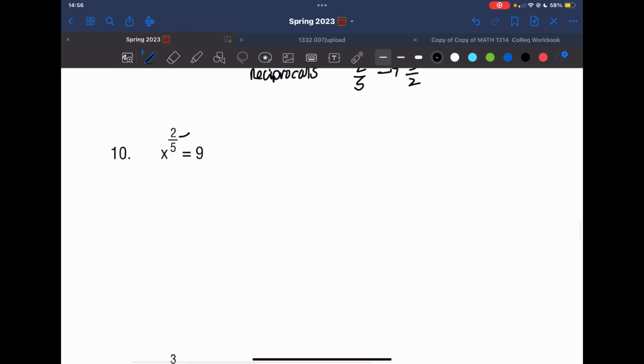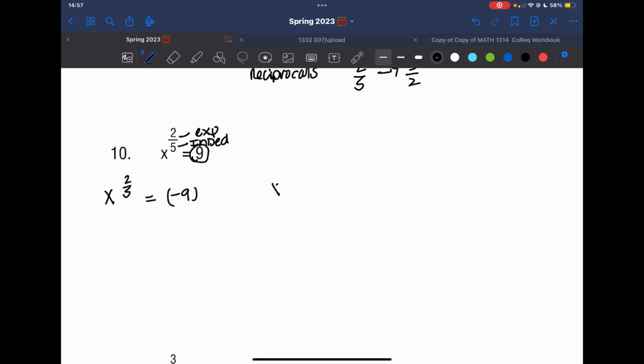Since this exponent is positive, I'm sorry, positive 2, and the index is an odd number, we're going to have to now use a positive and negative 9 as our solutions. So you have two solutions that are possible here. So it's going to be x to the 2/5 equals negative 9.